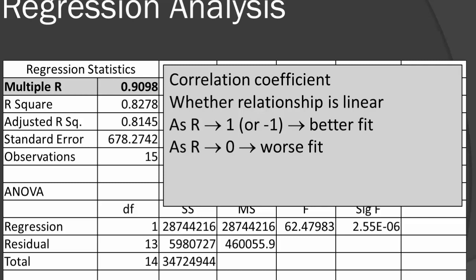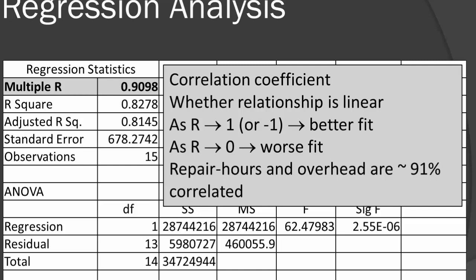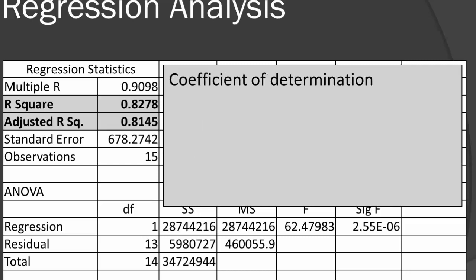In this particular case, the correlation between repair hours and overhead costs is very high. They are correlated with each other, and that suggests that a straight line is a good way to describe their relationship.